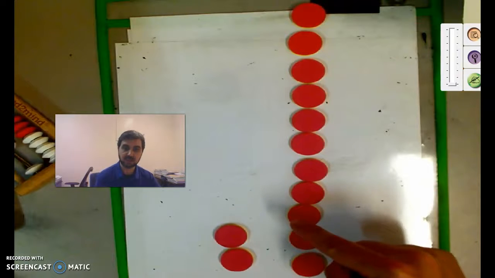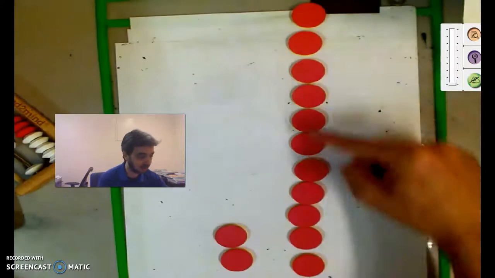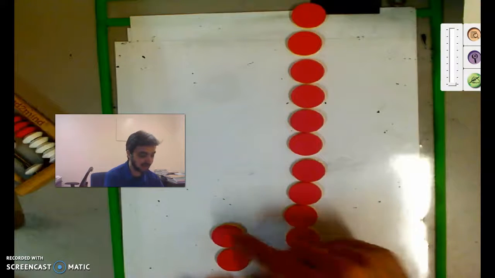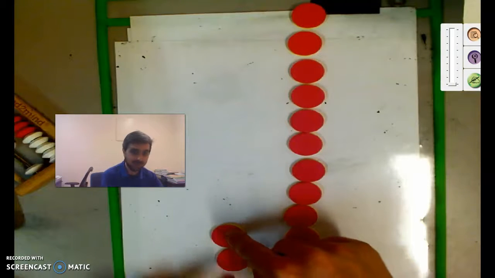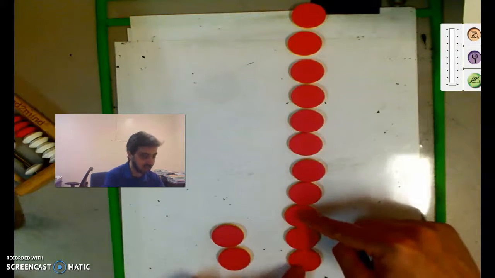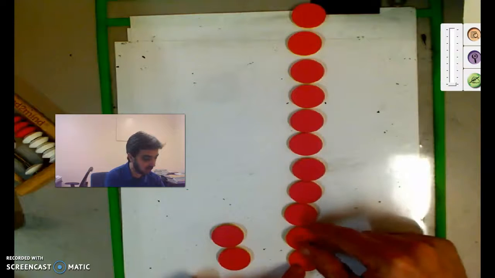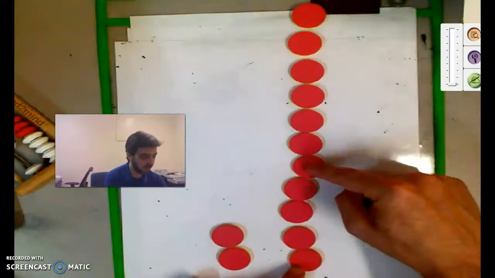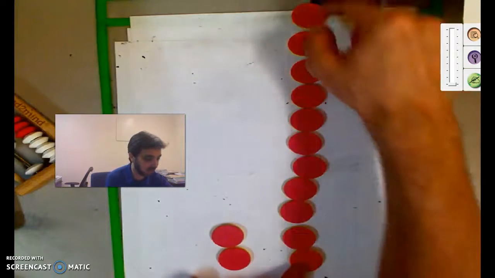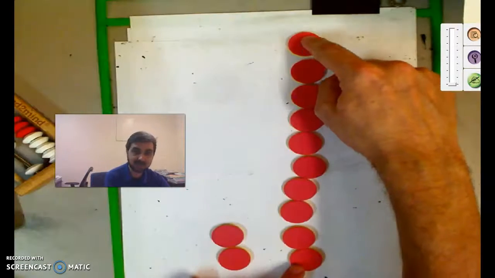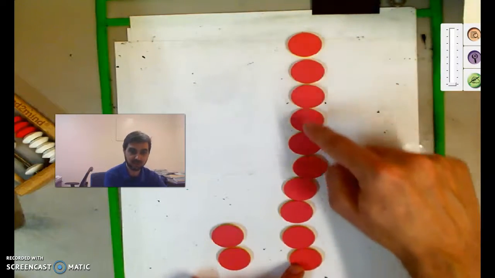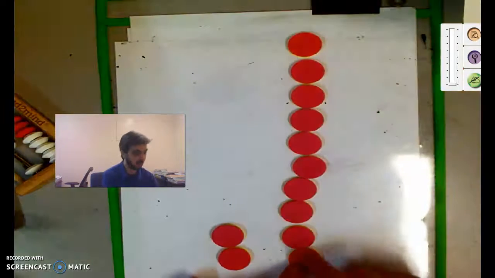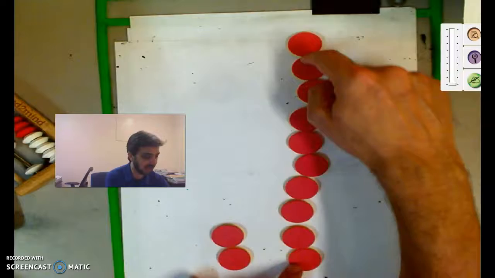So the question is, how many more does Kemba have than Jaylen? Jaylen has 2, so how many more does Kemba have than 2? So here's 2. Let's count up. Count with me. 1, 2, 3, 4, 5, 6, 7, 8. Oops, that's too many. 8. He's got 8 more Skittles, like we just showed. Okay? Because we know that 2 plus 8 gives us 10. 1, 2, 3, 4, 5, 6, 7, 8, 9, 10.